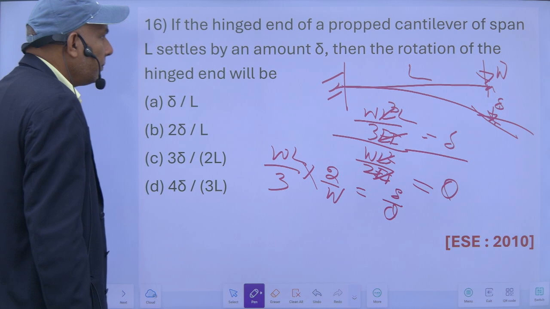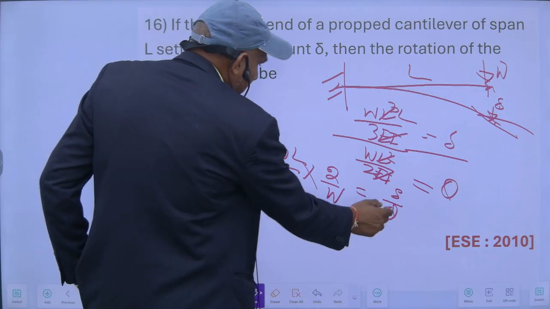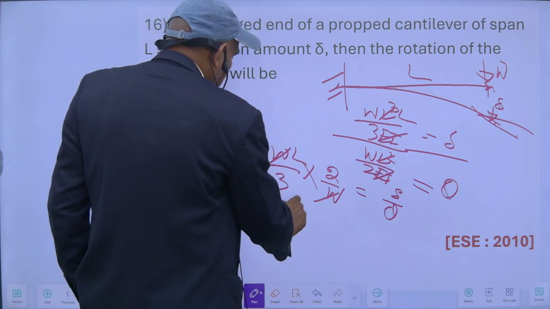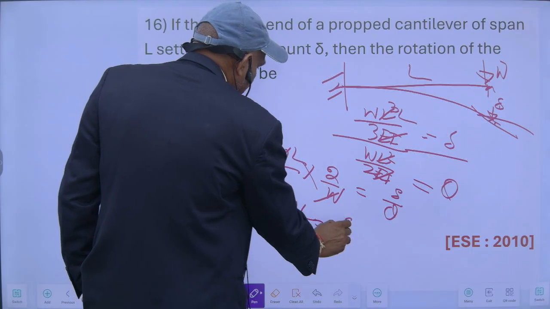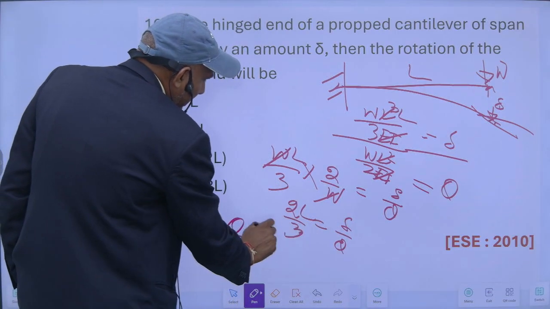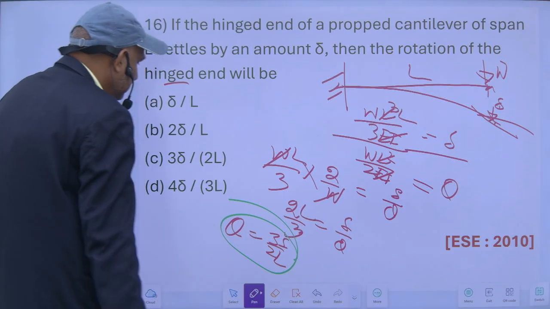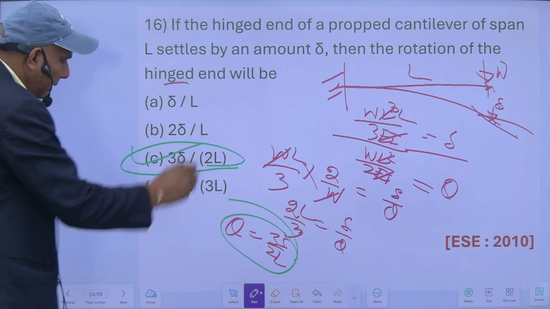This is the slope, the rotation, which I have to know. So 2L by 3 is equal to delta upon theta, so theta will be 3 delta upon 2L.